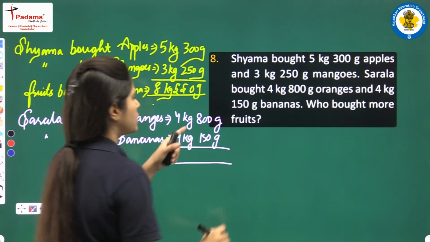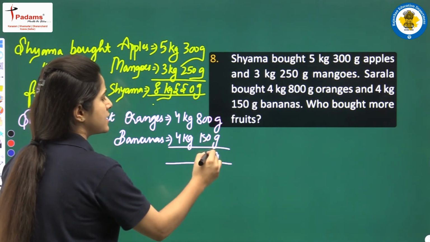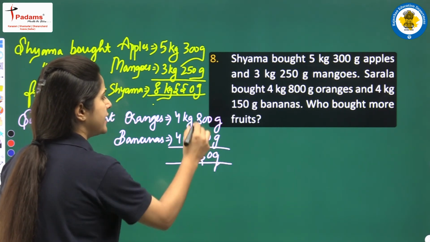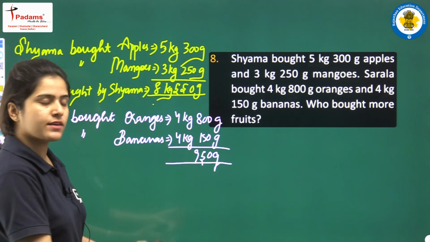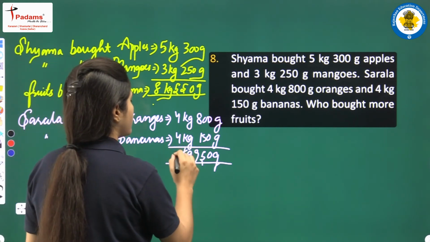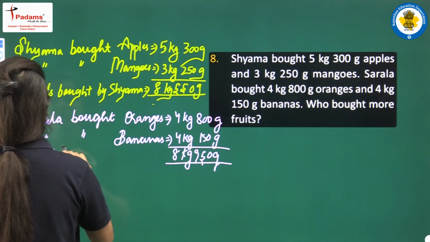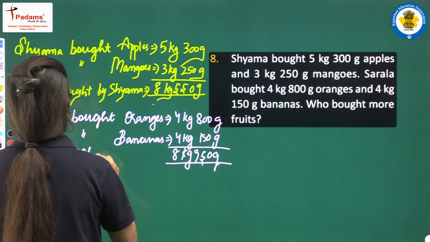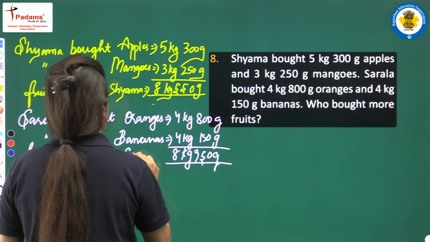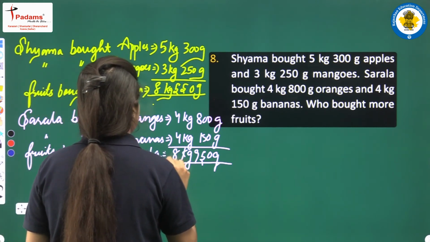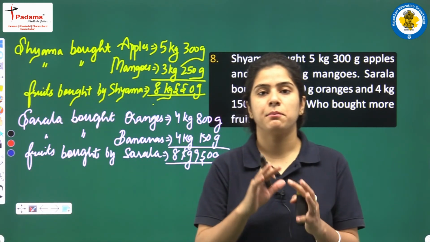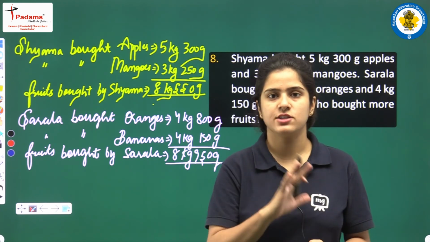So, calculating the total, gram, gram, gram: 0 plus 0, 0, 0 plus 5, 5, 8 plus 1, 9, 950 grams, and kg, then 4 plus 4 is equal to 8. So, these are the fruits bought by Sarla. Students, clearly they both are buying 8 kg, kg are the same.